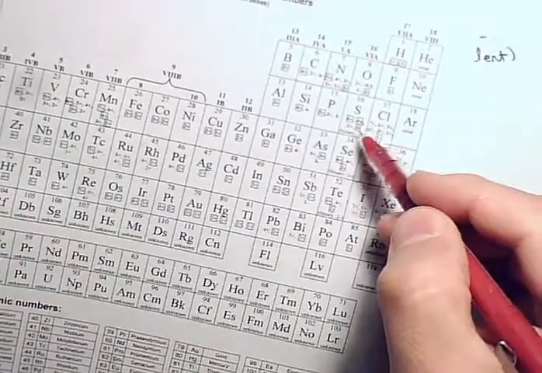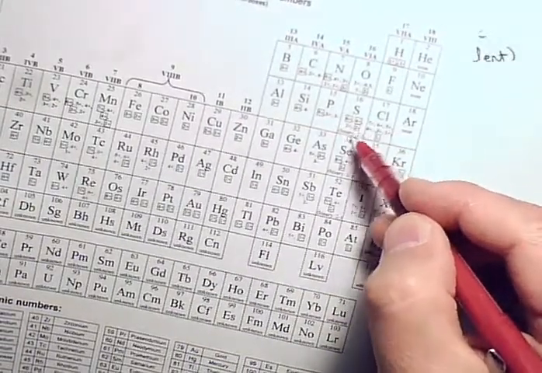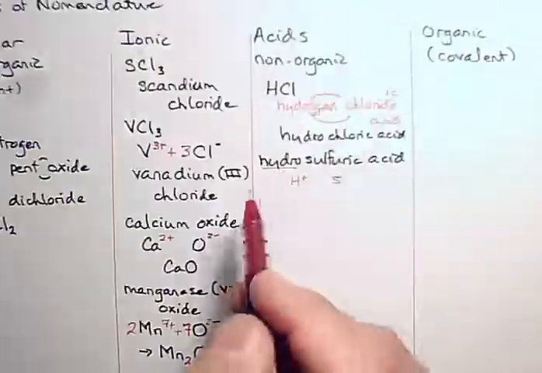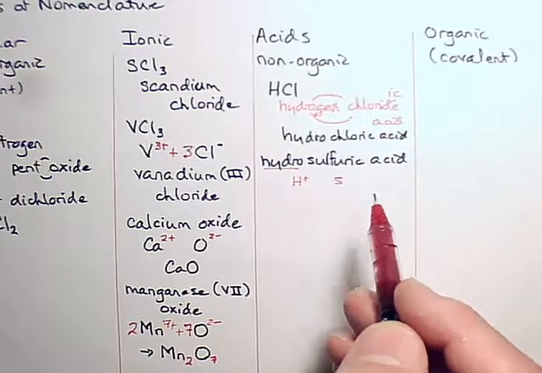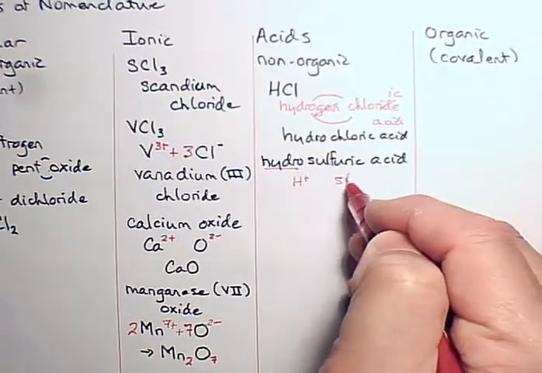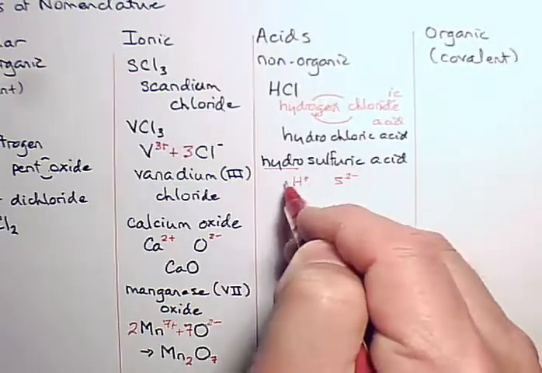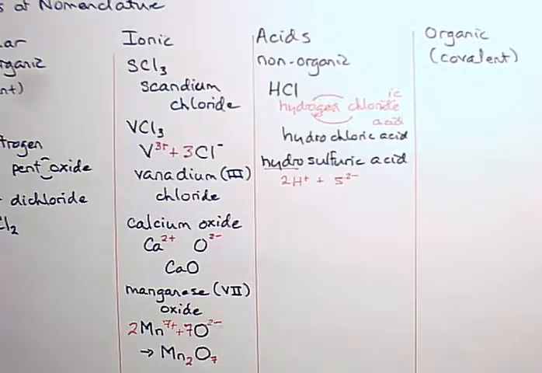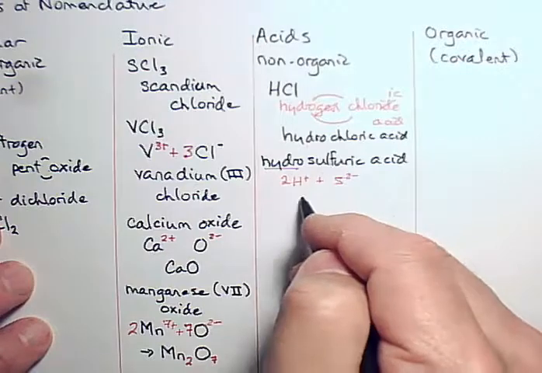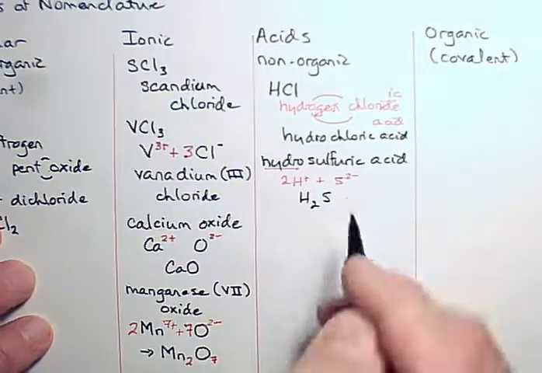You can double check that and see over here that sulfur has 4 different oxidation numbers, but only one of them is negative. Since hydrogen is positive, sulfur has to be negative. So this is 2 negative, and to balance that out, I need 2 hydrogens. So the formula for this acid is H2S.